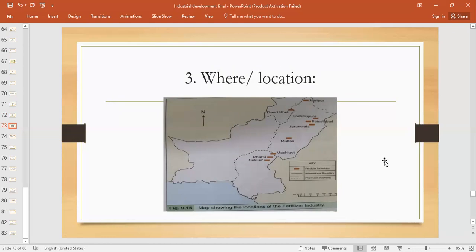As we can see, this is the distribution of fertilizer industries across Pakistan, right? If we focus on upper Sindh, here you can see there are only two fertilizer industries. One is in Harki and the other one is in Sukkur. Then in lower Punjab, we can see Multan and Machi Goth.